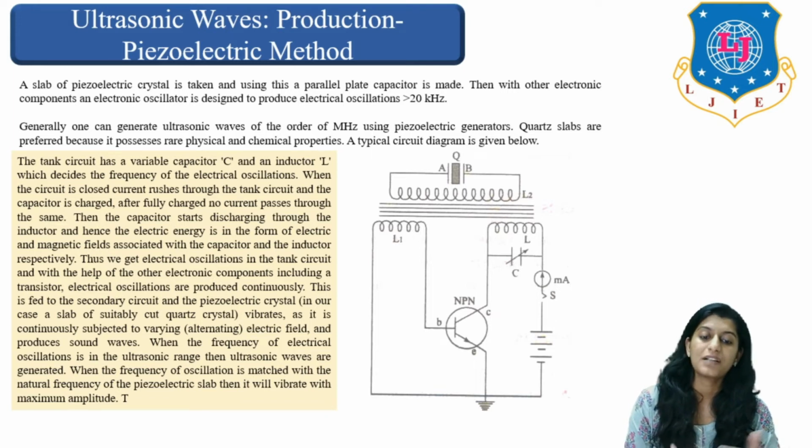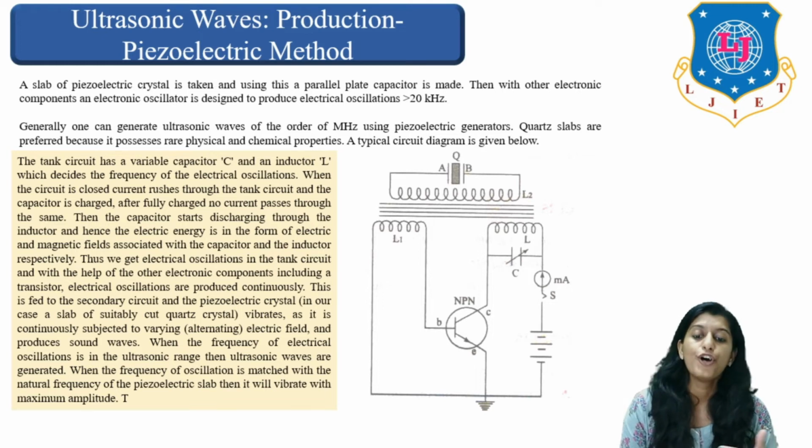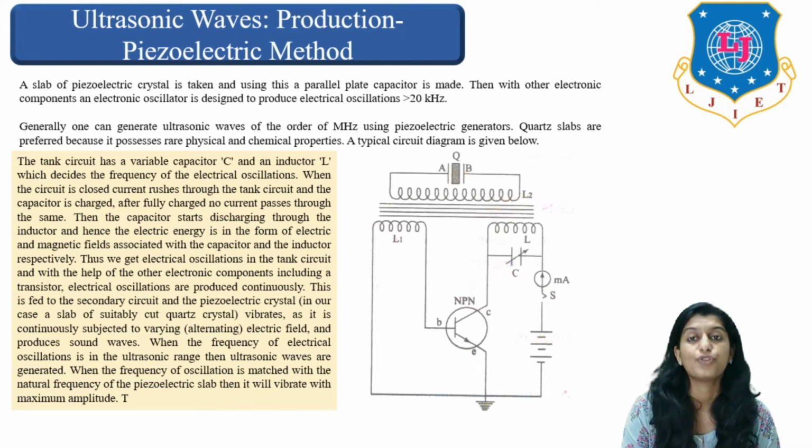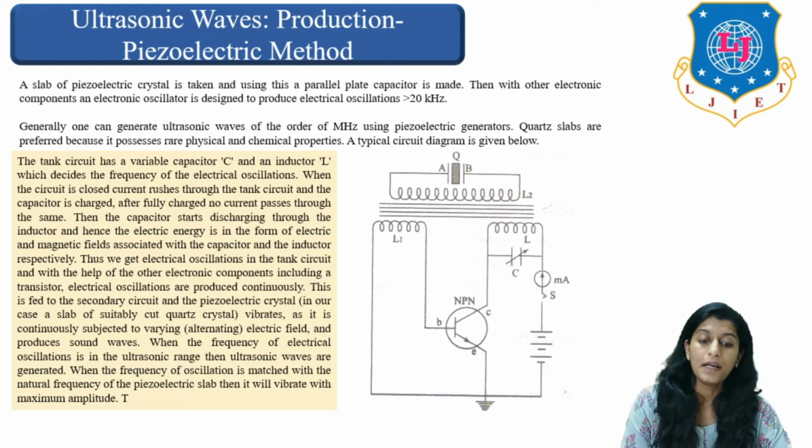So the capacitor starts discharging through the inductor, and hence electric energy is stored in the form of electric and magnetic field associated with capacitor and inductor. Thus we can get electrical oscillations in the tank circuit with the help of other electronic components, right? Now this is fed to the secondary circuit and piezoelectric crystal.